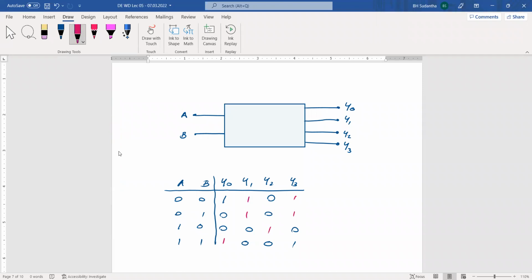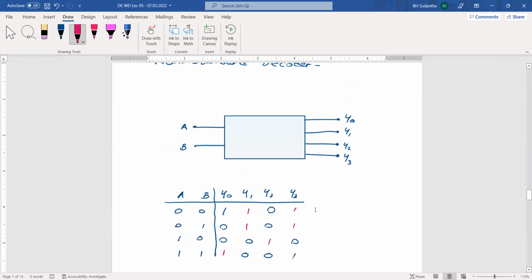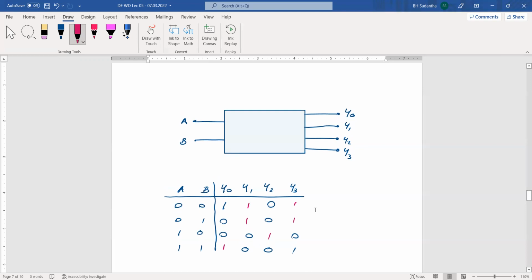If you deviate from the standard in number of inputs and output lines, and if you deviate from the standard truth table, it's a non-standard decoder. In very simple terms, this is a kind of non-standard decoder. We don't know the function, but it's a non-standard decoder.